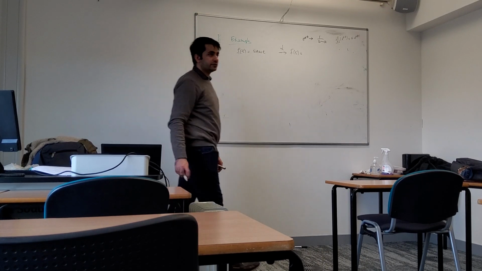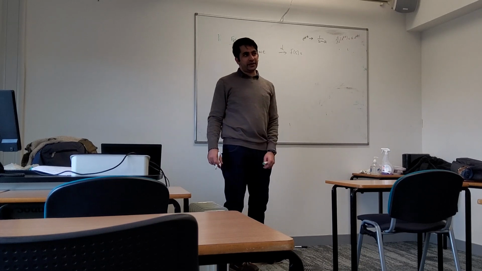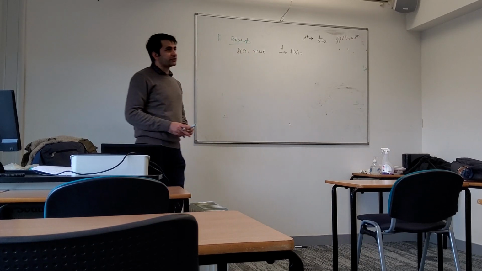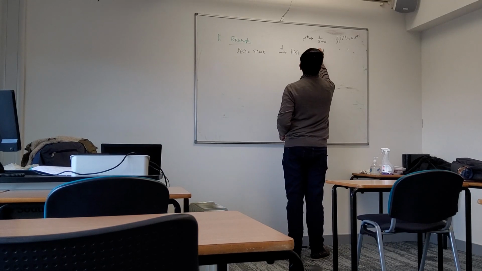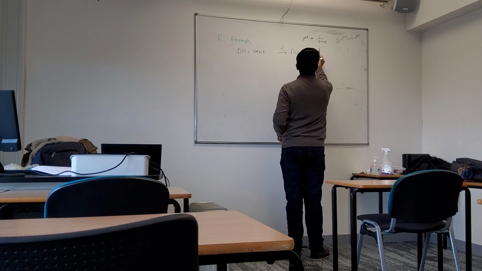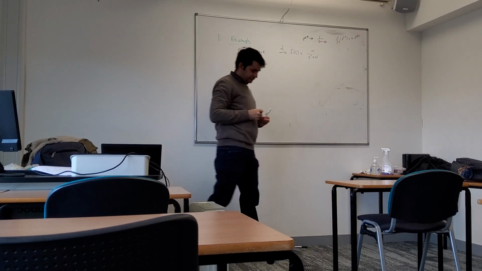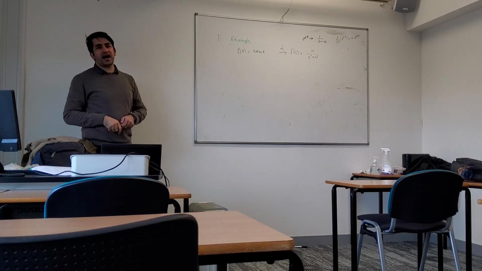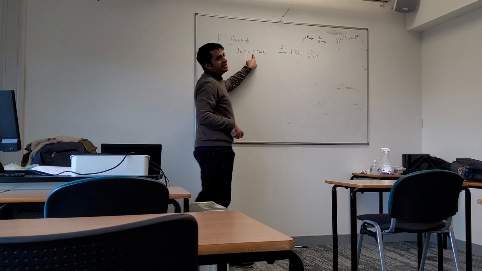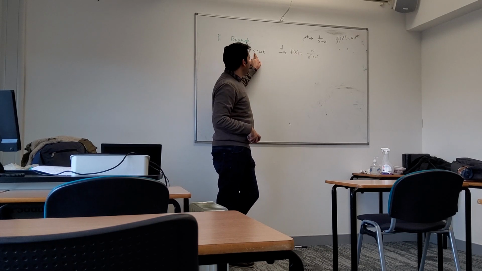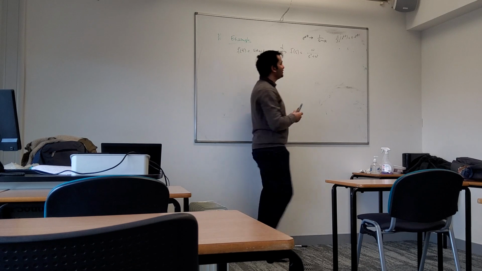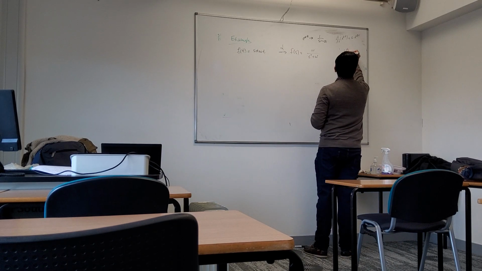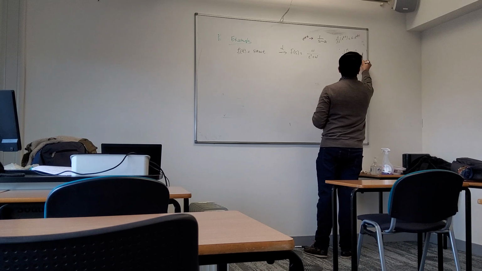It is omega divided by s square plus omega square. Just for the sake of remembering it: since you have a sine here, there is no s in the numerator. In terms of cosine, you know that the Laplace of cosine omega t is s divided by s square plus omega square.